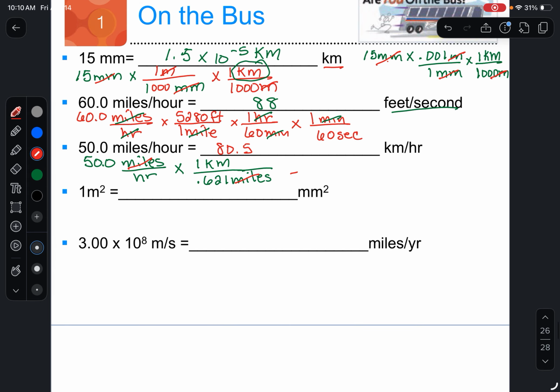Now the second one, we have a meter squared. Whatever your exponent is, that's how many conversion factors you must have. So this is squared, so I have to have 2 conversion factors. So 1 meter squared, and I'm going to millimeters squared.